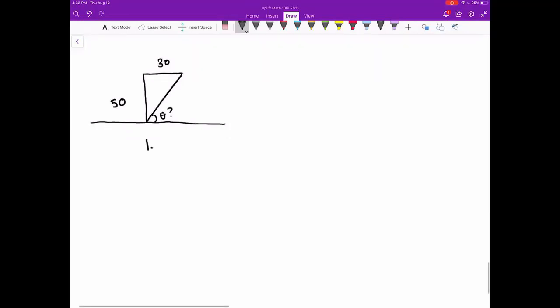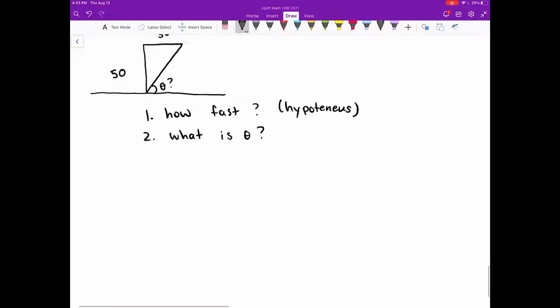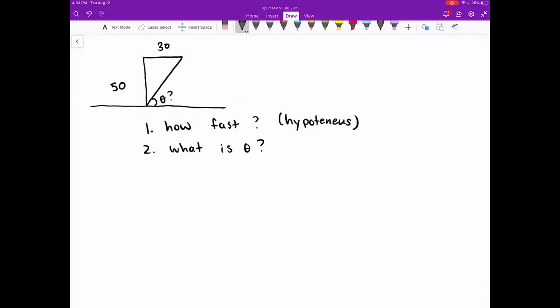The first question is how fast is the plane going, and the second question is what is theta. Another way to reword the first one: basically, we're finding the hypotenuse. We can just do the simple Pythagorean theorem: a squared plus b squared equals c squared.